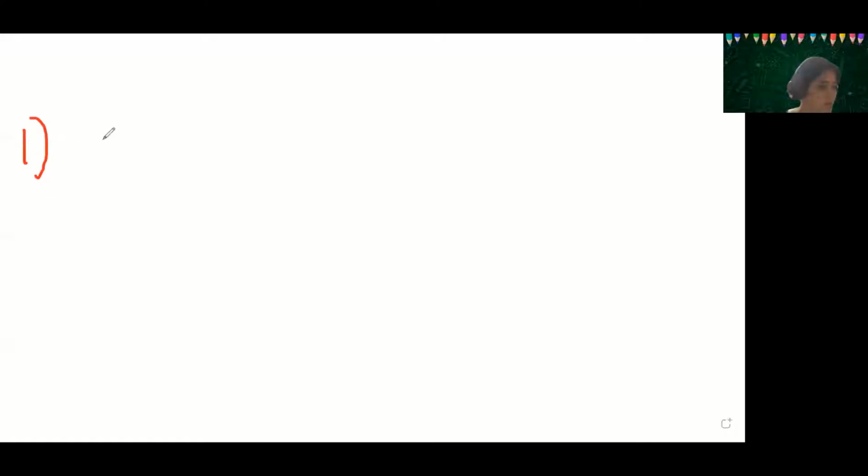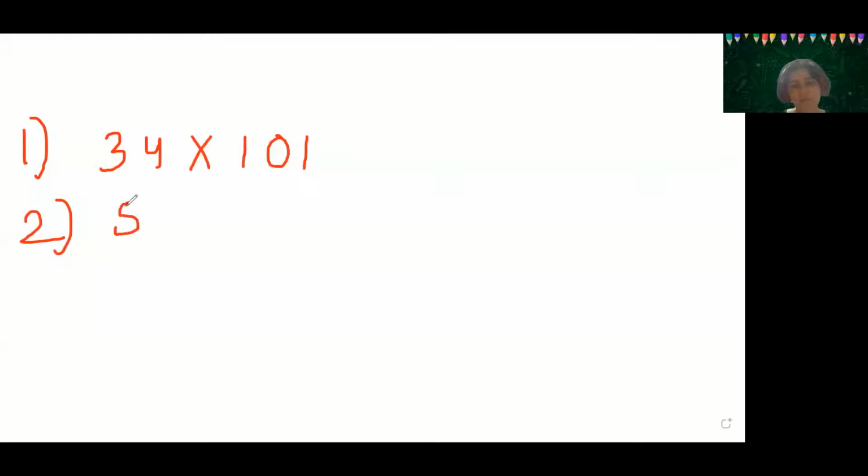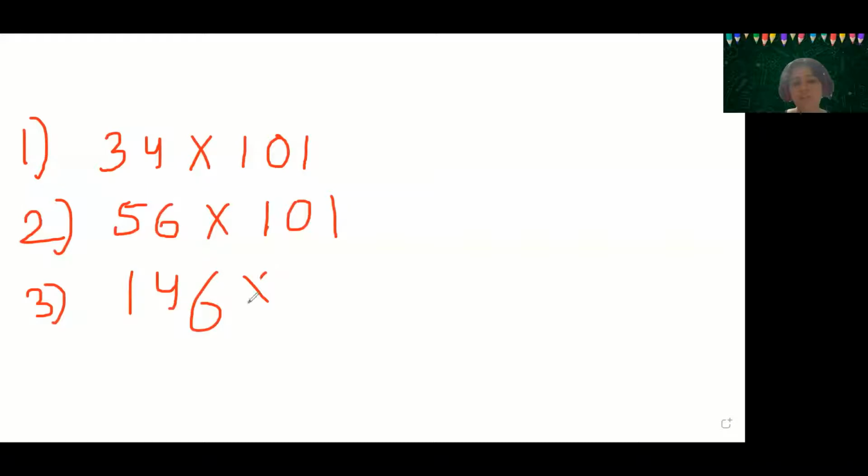The first sum is 34 times 101. The second sum is 56 times 101. The third sum is 146 times 101.